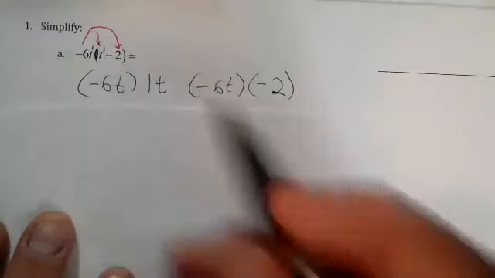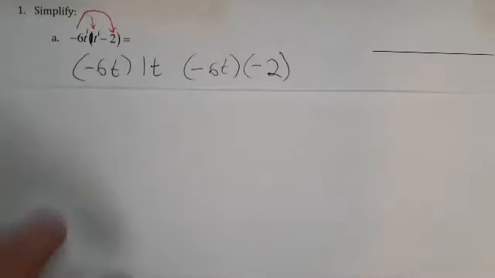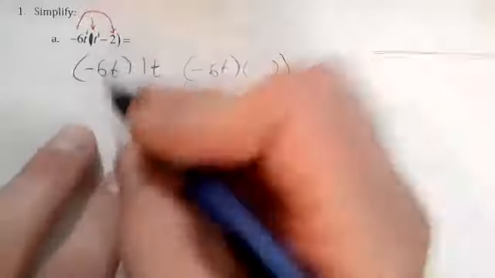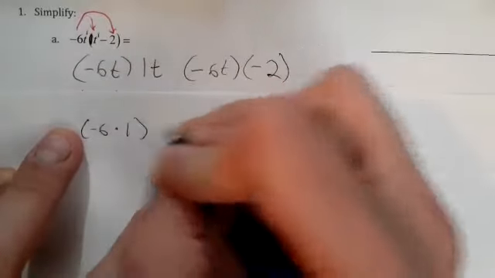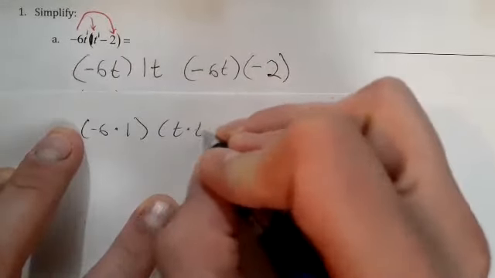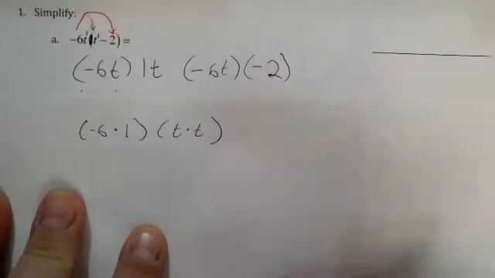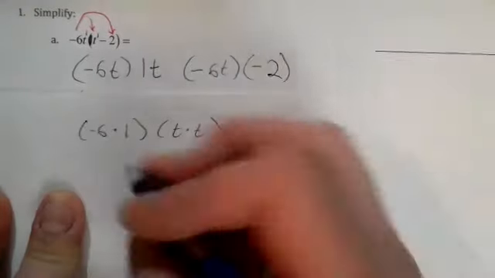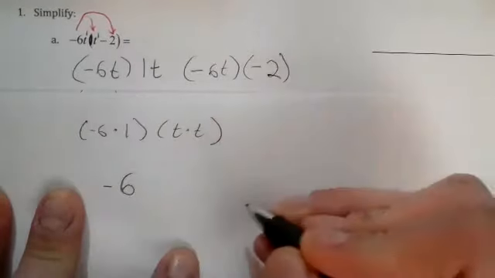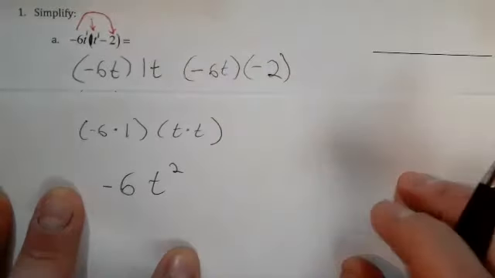We're actually going to make use of those two properties I was talking about. I think a lot of people just use those properties without realizing they're using them. What I'm going to do is rearrange the minus 6 times the 1, and look at the t times the t. You can probably look at minus 6t and 1t and tell me right away that minus 6 times the 1 gives you a minus 6, and the t times the t gives you t squared.